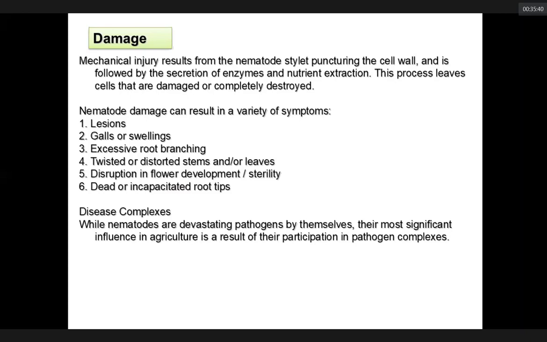But if somehow the gene controlling this normal cell division is disrupted because of the effector secreted by the plant parasitic nematode, then the cell division becomes uncontrolled. Maybe from one cell there will be 100 cells. Maybe from 100 cells there will be millions of cells.